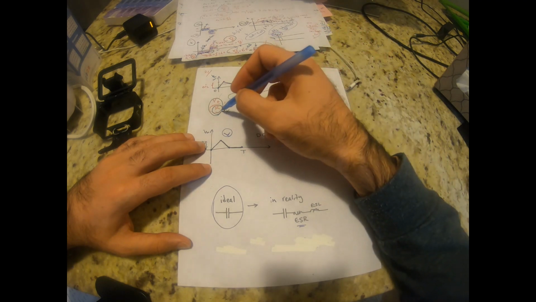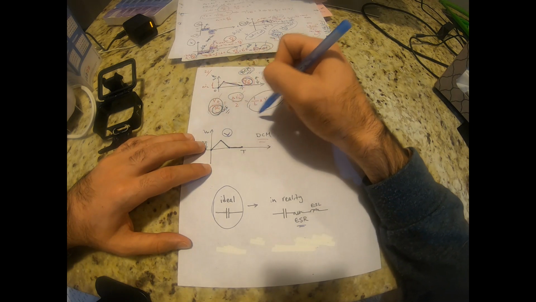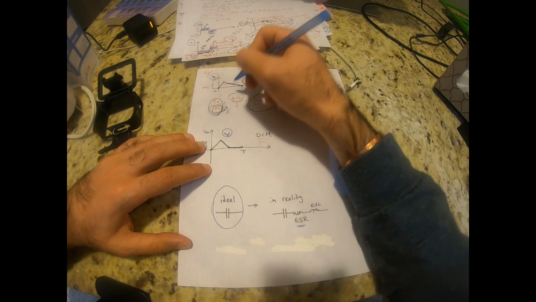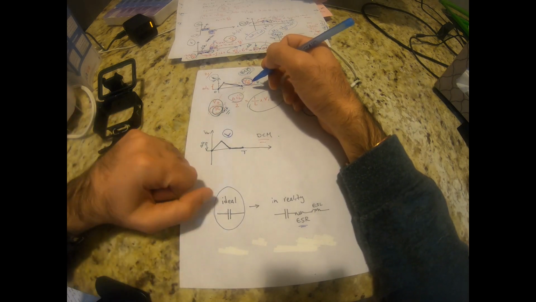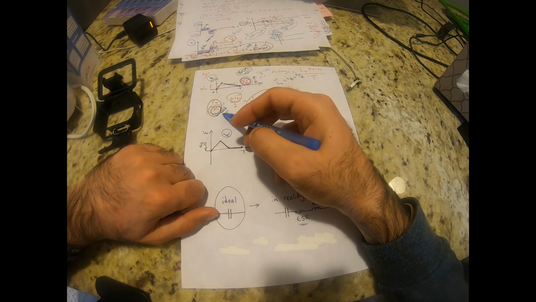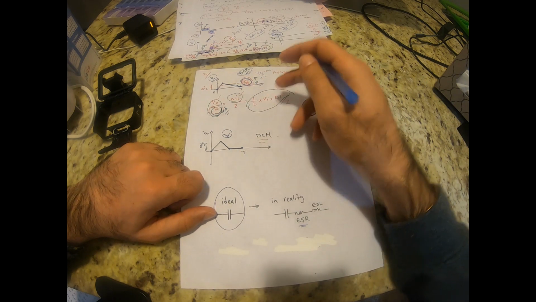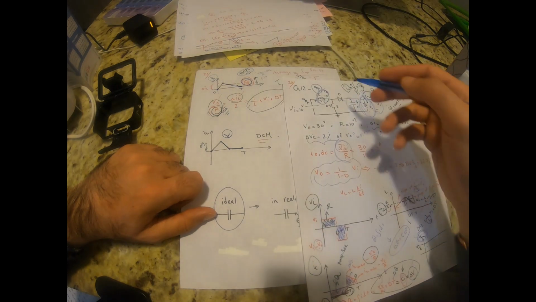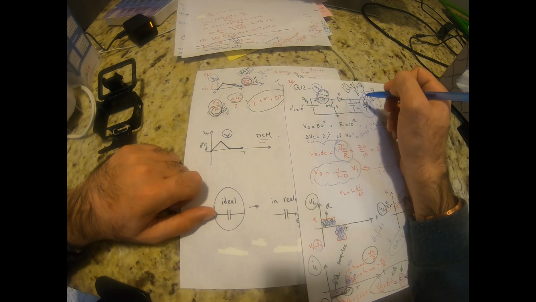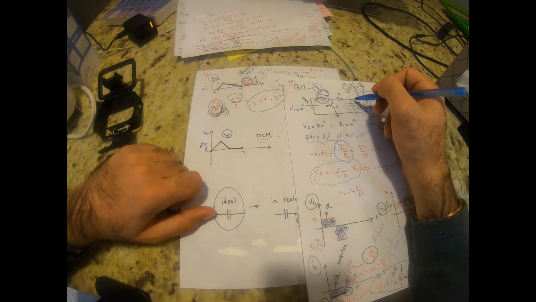Right, so you can actually calculate for what value of R you will have a waveform for IL like this. If you increase R further than this critical value, it basically means that your inductor wouldn't have enough energy to keep current flowing through this diode through the whole period.